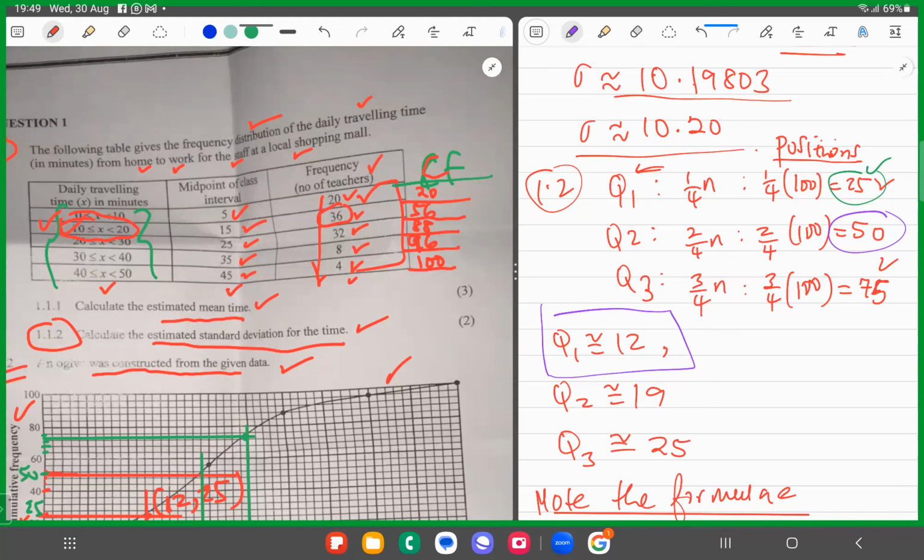Right, so at 50 position, we're looking at the cumulative frequency. So which means that at 50, we are dealing with 10 to 20. We're dealing with 10 to what? To 20.